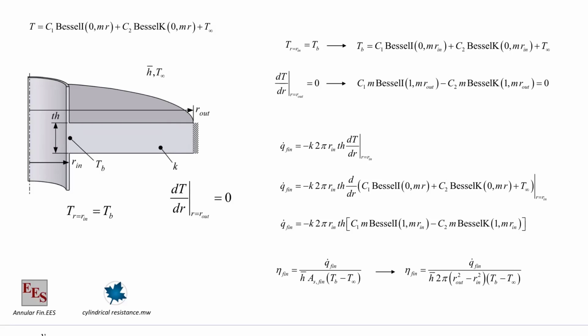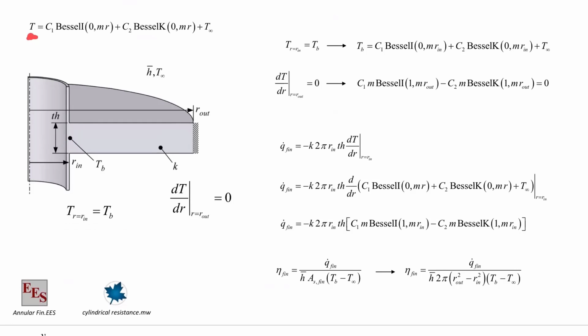Okay, then our job is to go through, we have unknown constants C1 and C2, and we need to solve for those constants using our boundary conditions. We've done this a bunch of times now, so we don't need to spend that much time on it. We'll just say, all right, T(r = R_in) is equal to T_B. This is our given boundary condition here.